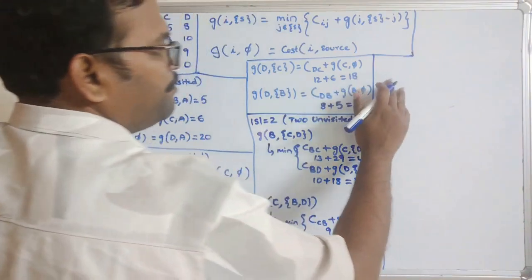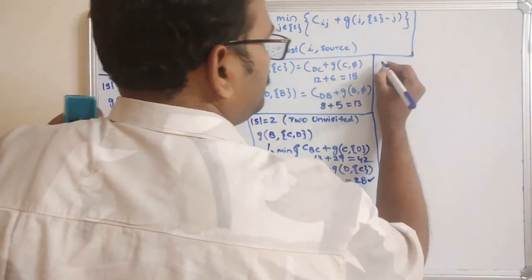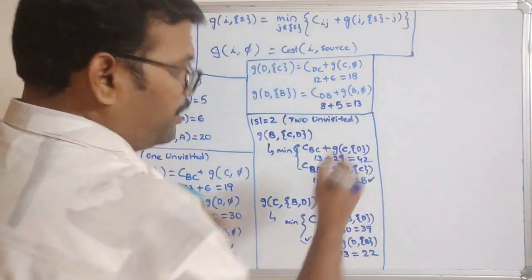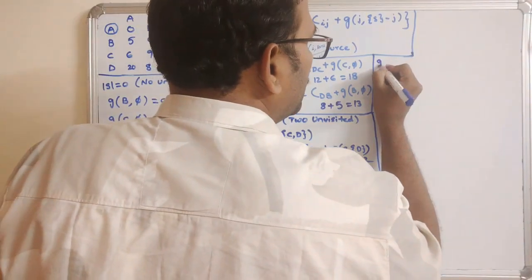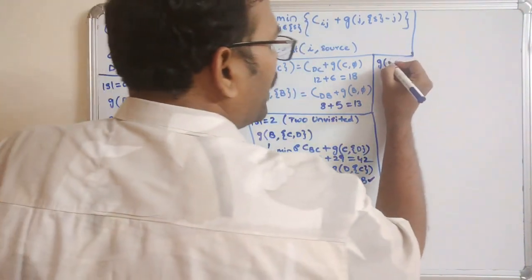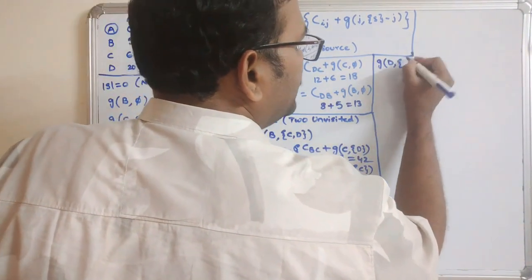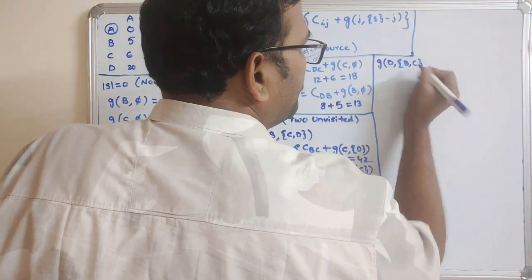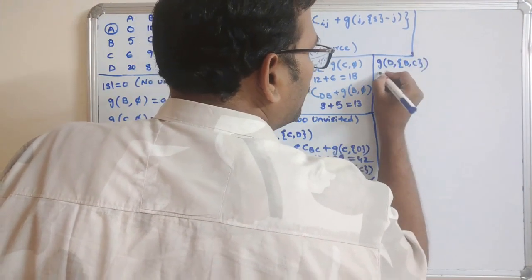Now check one more possibility. G of, if we are at D, the next possible edges will be B comma C. So how can we write it?